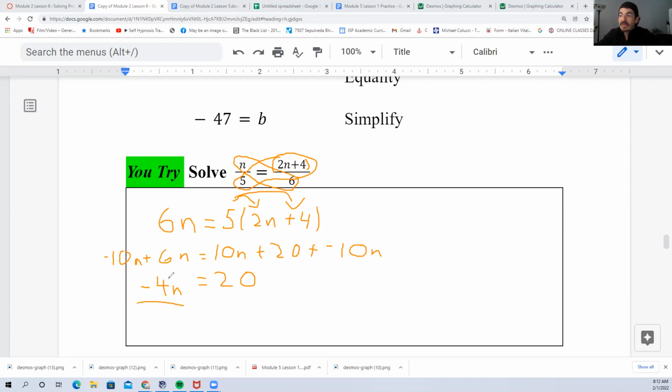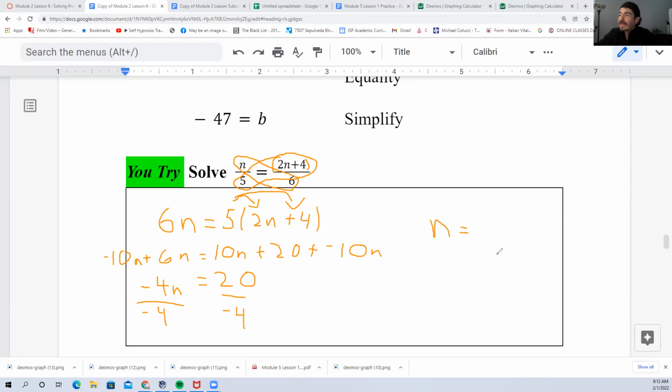In order to get a 1 to be the coefficient next to this variable, I'm going to divide by a negative 4. Negative 4 divided by negative 4 is a positive 1n. I'm not going to write the 1 in. We assume it's there when we're working with a variable.